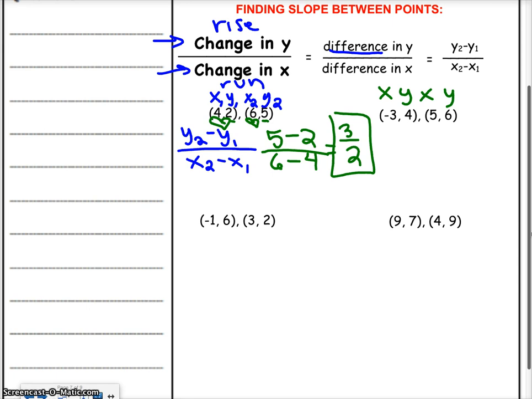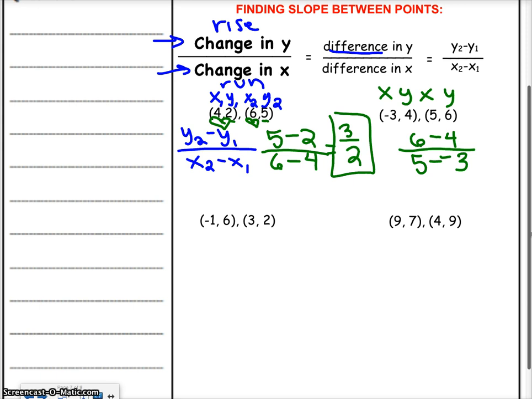Okay, Alex, what's my second y? 6. Take away my first y, 4. Over, what's my second x? 5. Take away my first x, negative 3. Okay, good, plugged it in. y minus y over x minus x.